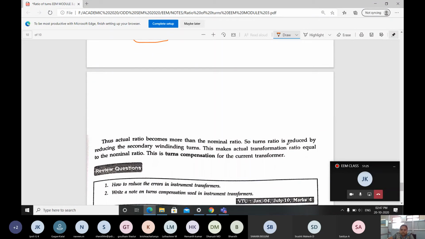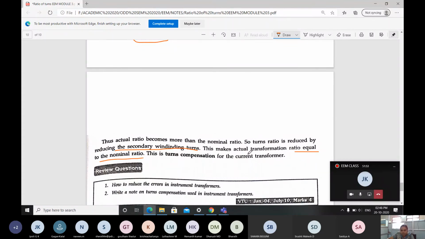So, the turns ratio is going to be reduced by reducing the secondary winding turns. This makes the actual transformer ratio equal to the nominal ratio.